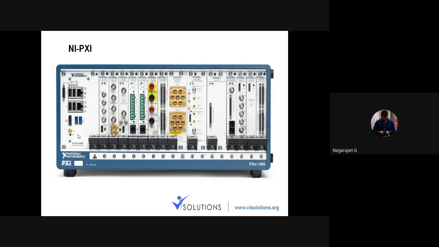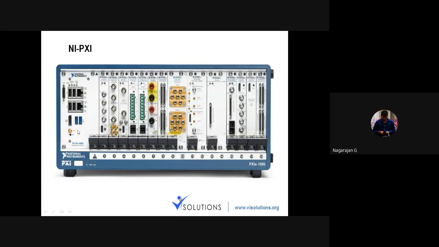You can directly connect them and program in the PXI itself. There is no need for an external CPU. You can develop the code inside the PXI hardware itself, because it is a computer.